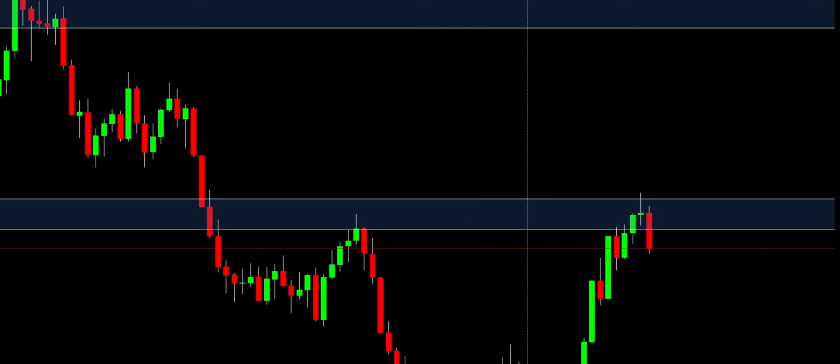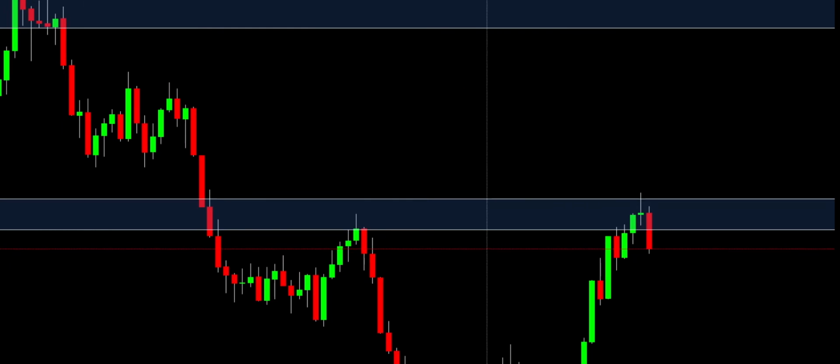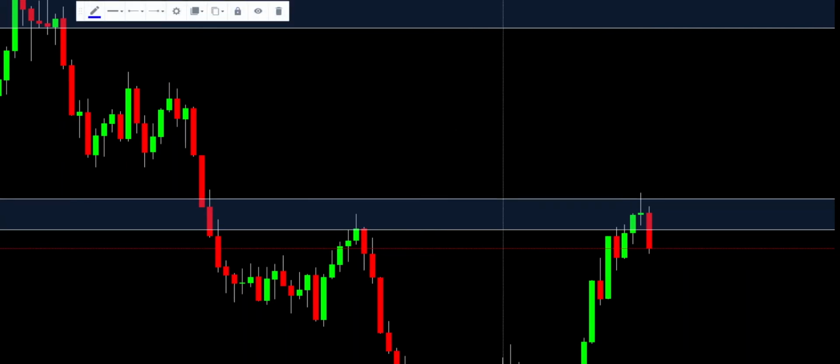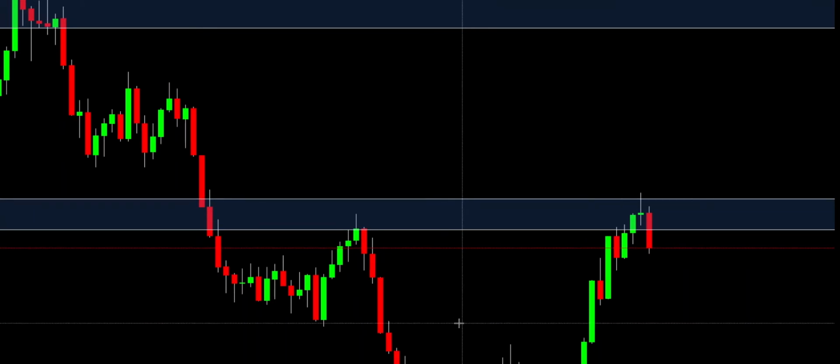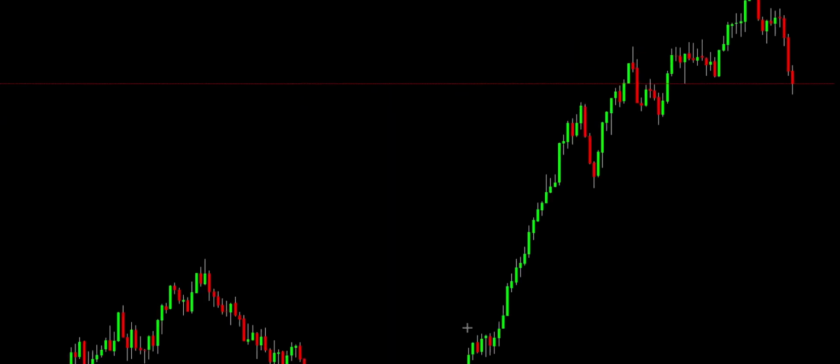Here we can already see a beautiful, strong bullish variation at this demand. How we can take advantage of this is to scale down to our smaller time frame, our 15 minute time frame. That is basically what this strategy is all about.